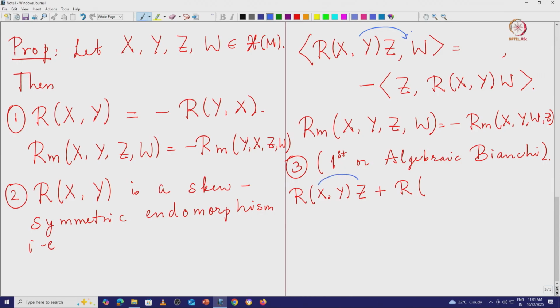So you put z here, x here and y here. So that just means R of z comma x applied to y, and then you again do the same thing, R of y comma z applied to x, that is going to be 0. And you can write down a similar expression for Rm.